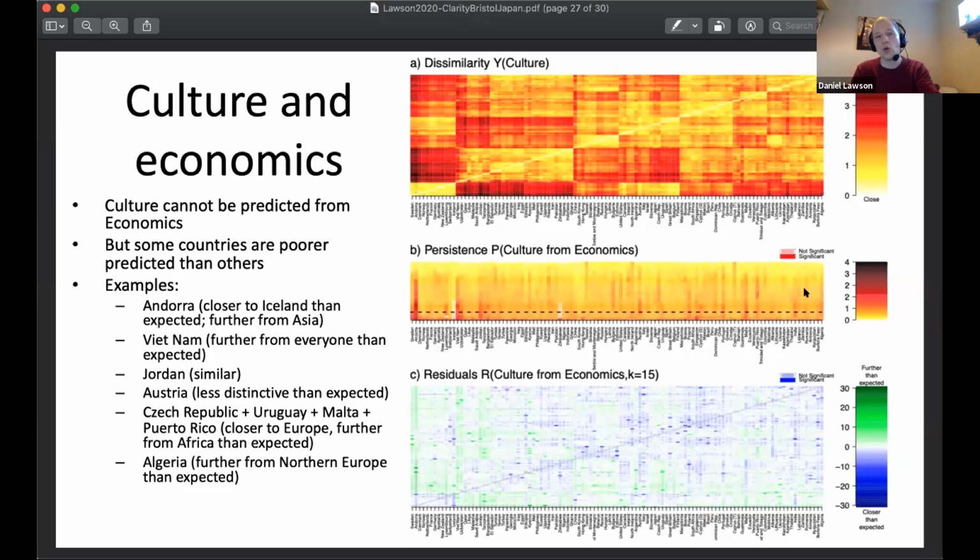And so the persistencies are all significant, but they stick out in certain places. So where do they stick out? So they stick out in Andorra. So it's not too surprising that the economics of Andorra is weird compared to its culture. So it's culturally very similar to the places around it, but economically the money is much less fairly distributed because it's used as a tax haven.